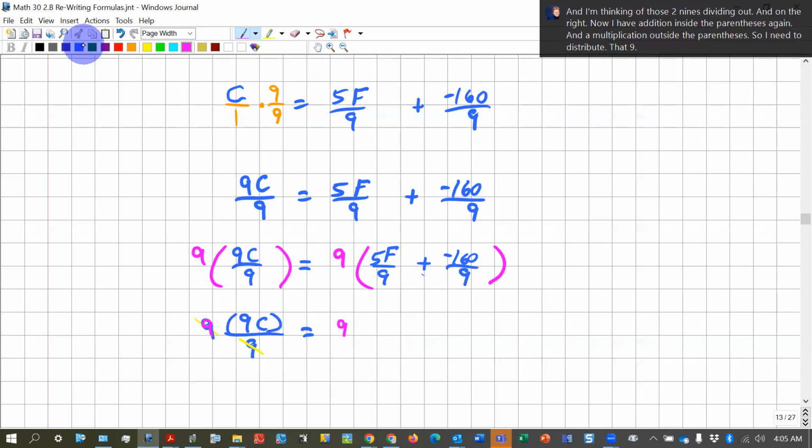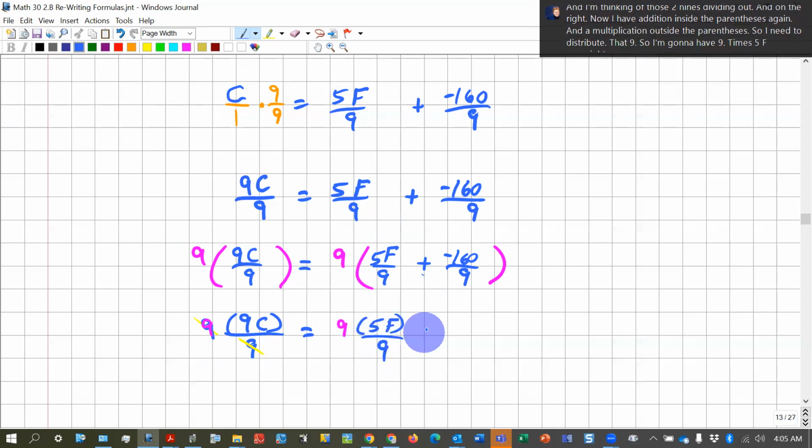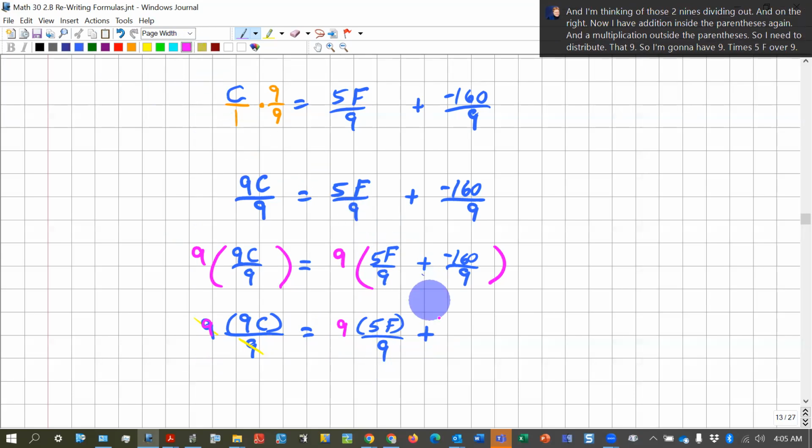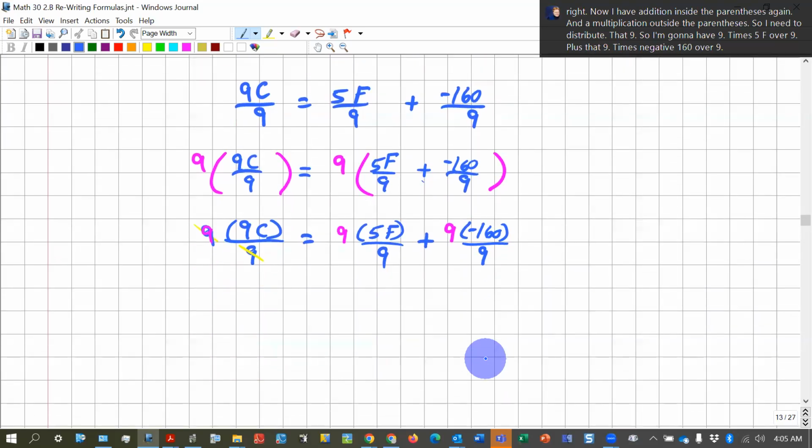So I'm going to have 9 times 5F over 9 plus that 9 times negative 160 over 9. But now in each of my fractions, my 9s divide out.